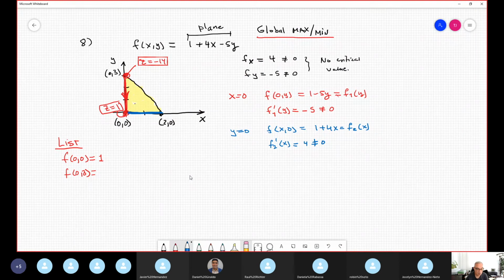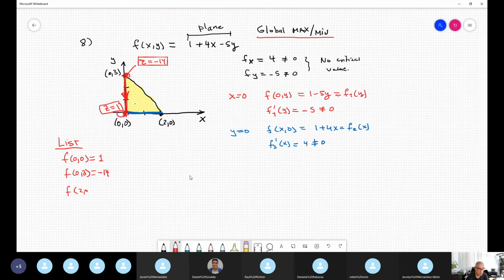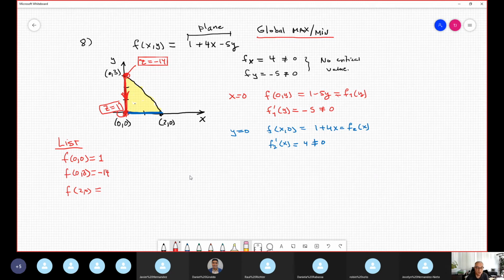I forgot here, but it's the most important part. I don't need to evaluate 0, 0 again. It's in (2, 0): 4 times 2 is 8, y is 0, so it is 9. So the value for the function c in this corner is 9.